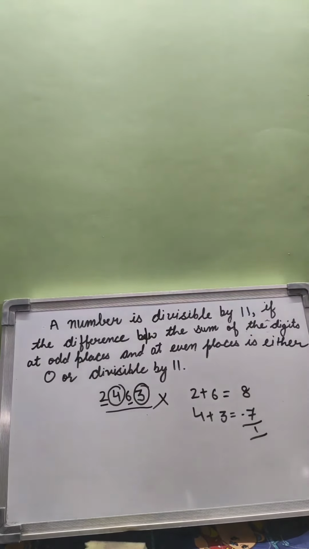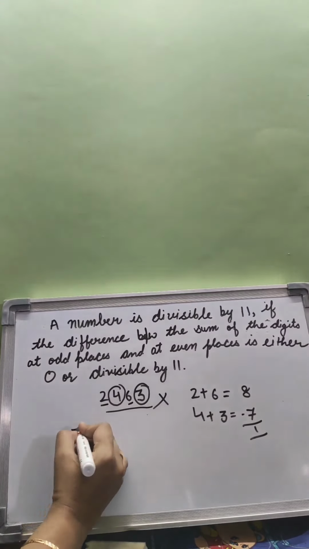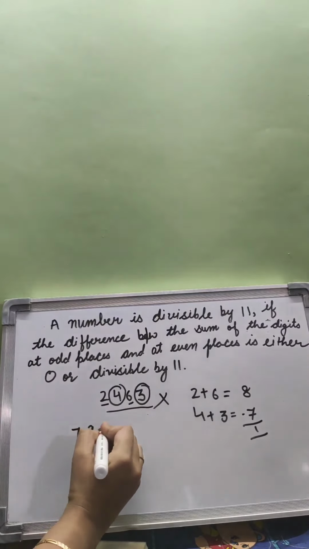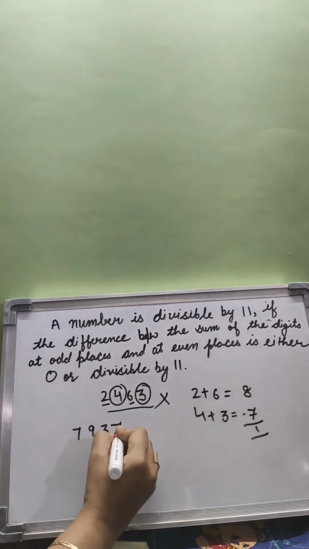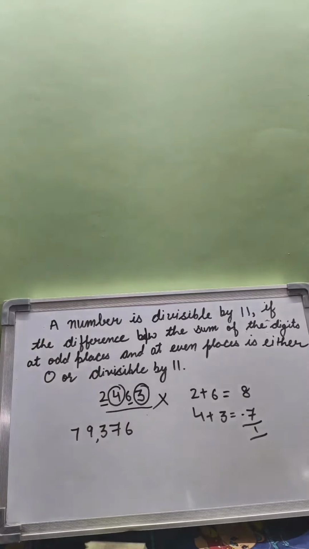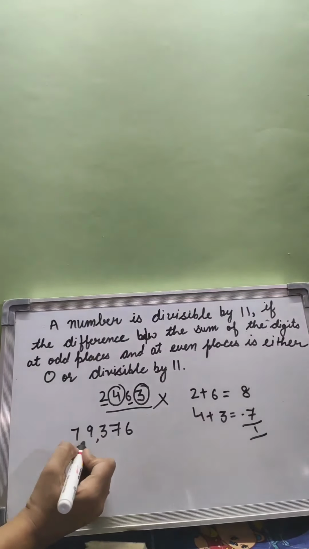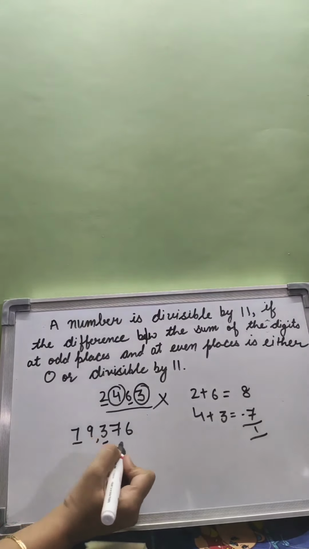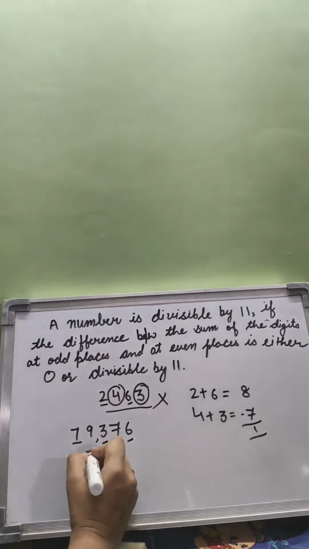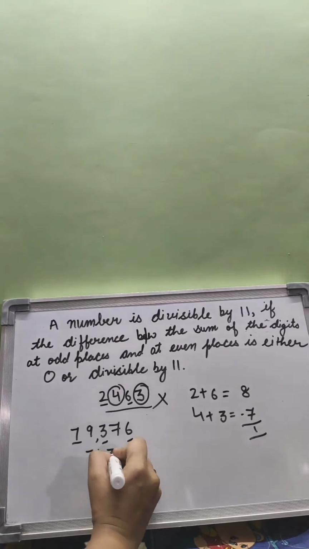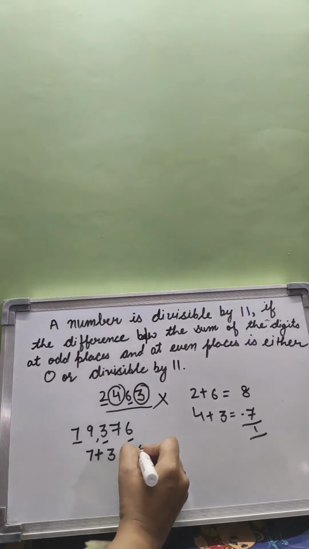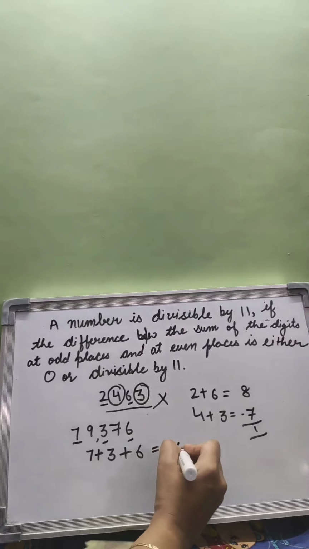Let's take another example. 79,376. So let's add the odd places. 7, 3 and 6. 7 plus 3 plus 6 is 16.